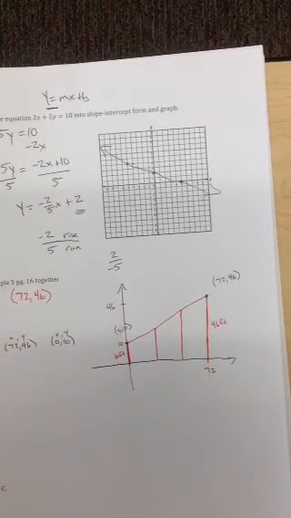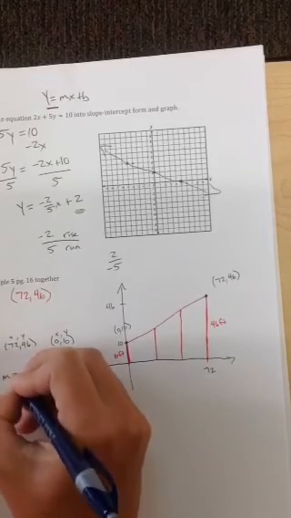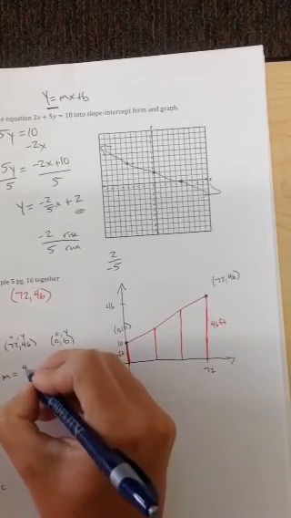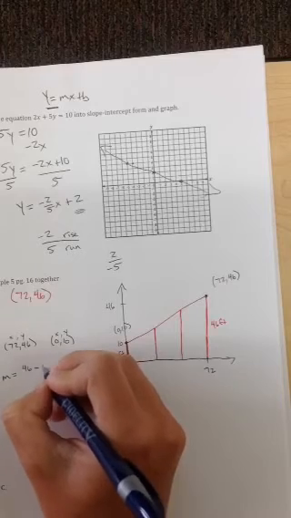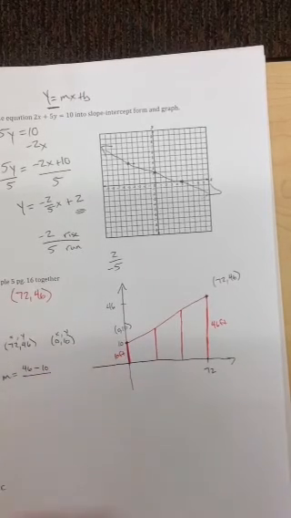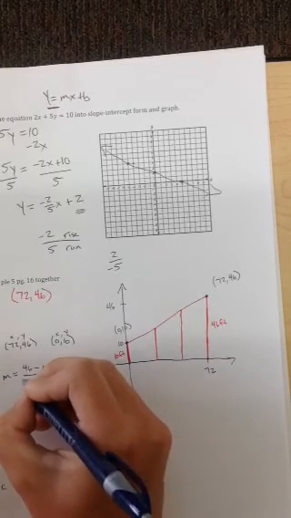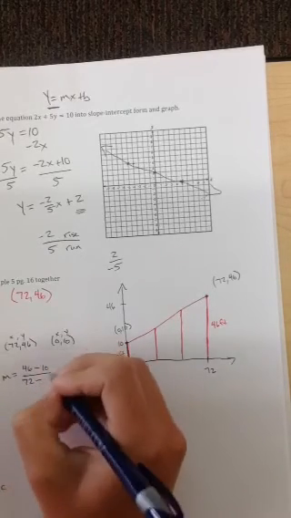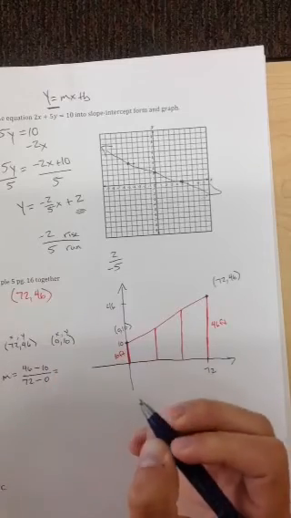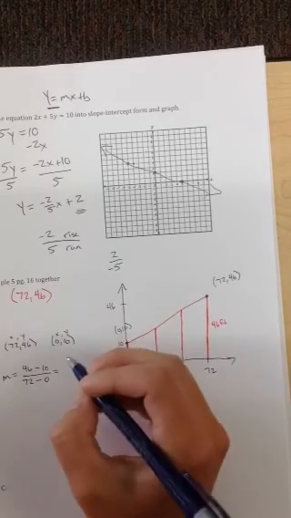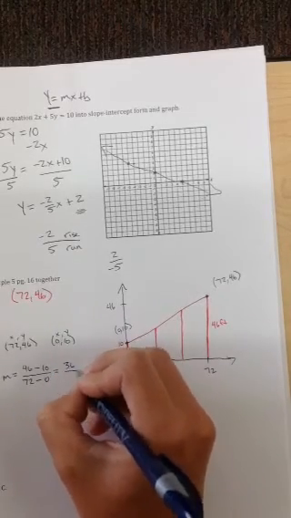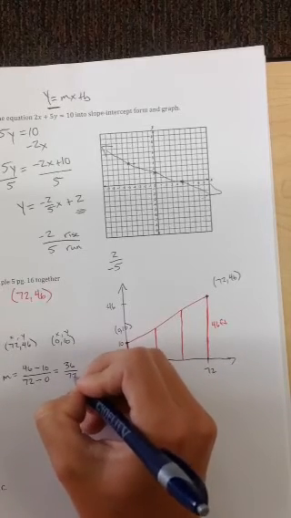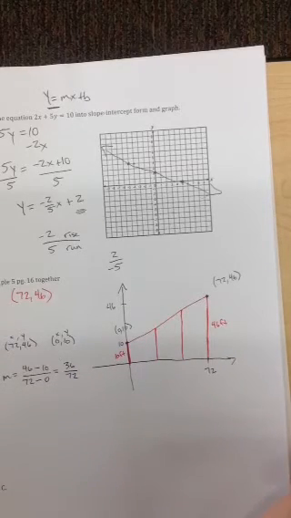So if we do y minus y, one y is 46, the other y is 10, over our x's. If we chose 46 first, we have to choose 72 first, minus the other one, which is 0. So 46 minus 10 is 36, and 72 minus 0 is 72. And 36, I believe, is half of 72, so that should reduce down to a half.